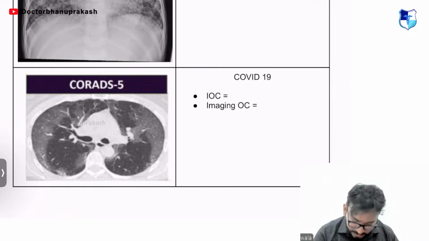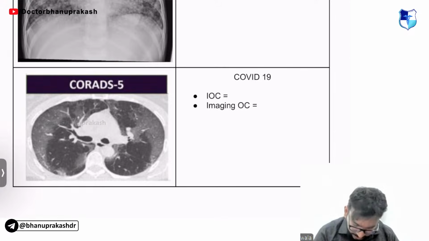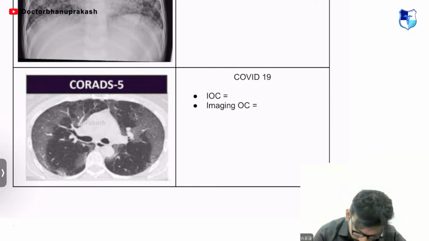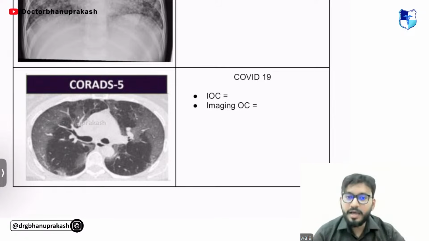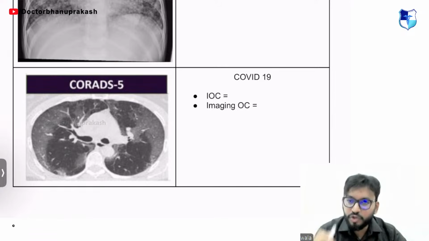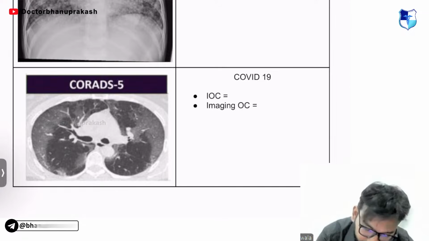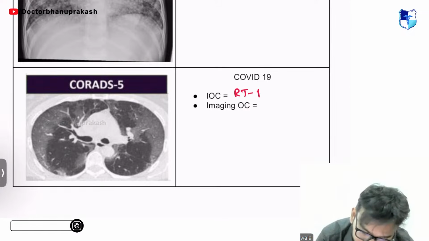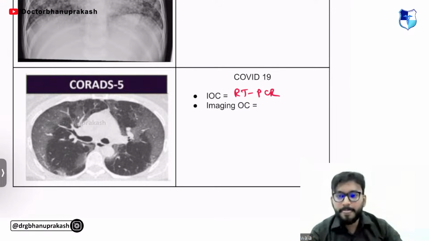A lot of people say, yes, HRCT. Yes, you are right that people say that. But the answer of investigation of choice, guys, it cannot be HRCT. It has to be your RT-PCR. Here, most of you go wrong.